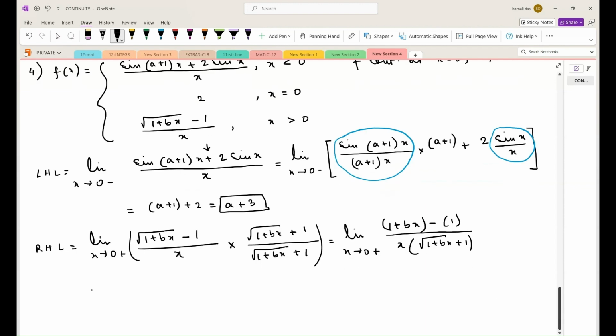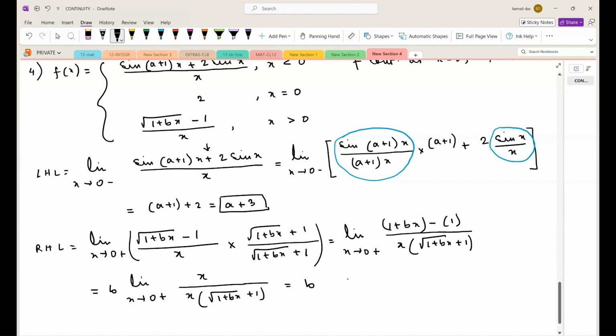So this is equal to, the b comes outside, limit x tends to 0 plus x by x into √(1+bx) plus 1. Since x approaches 0, x is not equal to 0, so we will cancel the x's.